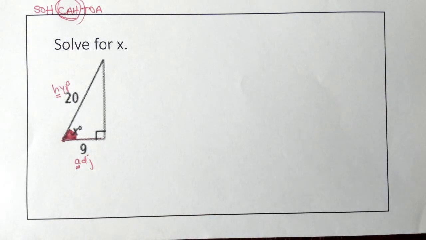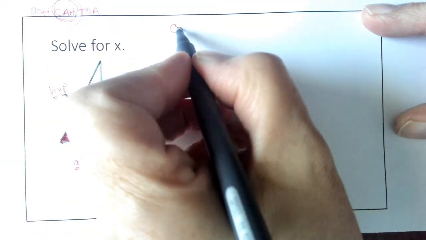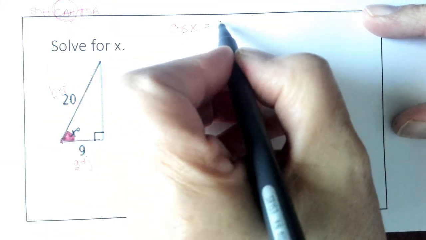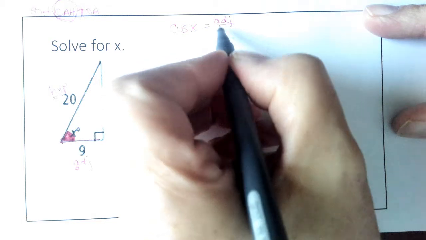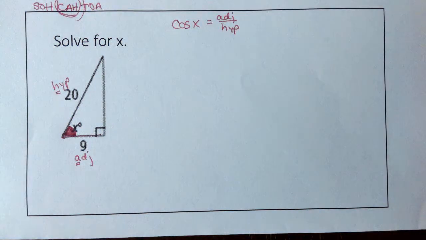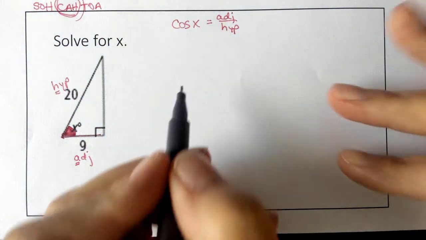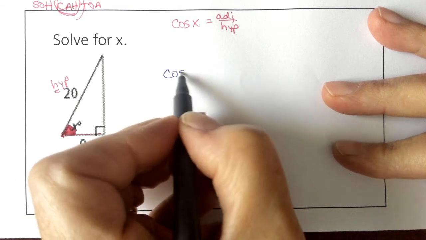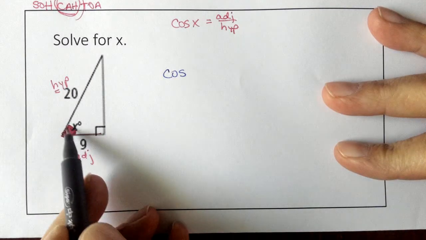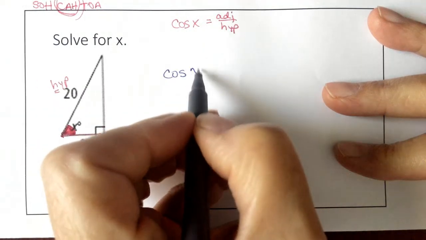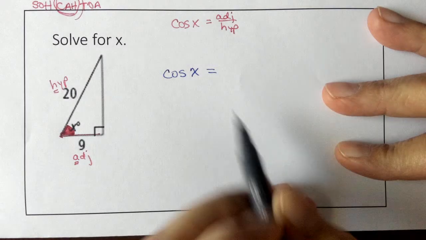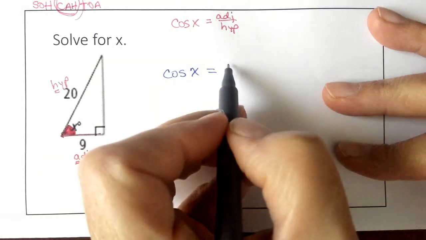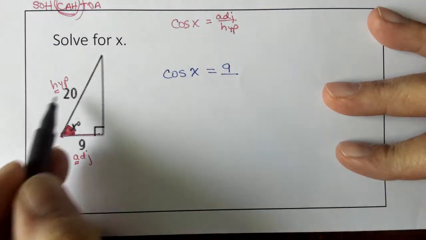So I'm going to use cosine of an angle equals adjacent over hypotenuse, and then stick some numbers in. So cosine, the angle is the unknown X, so leave that X, equals, adjacent was the 9, hypotenuse is the 20.